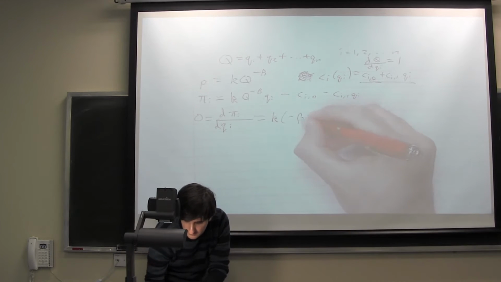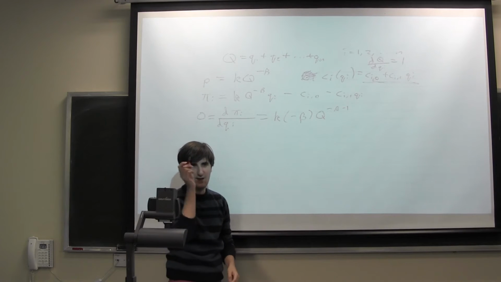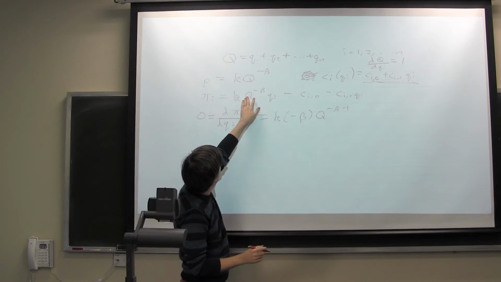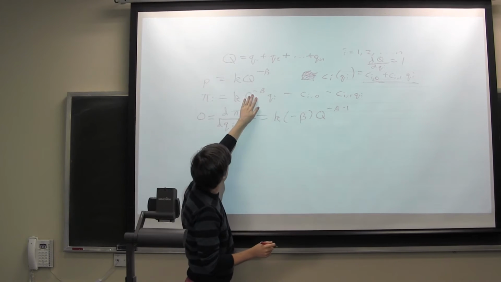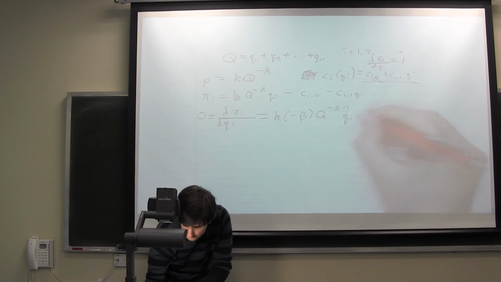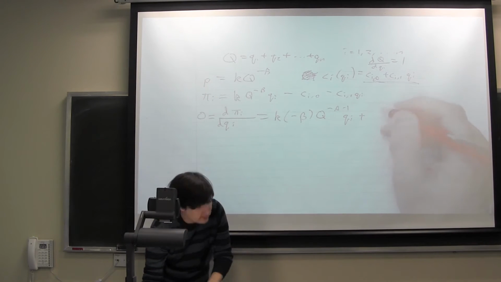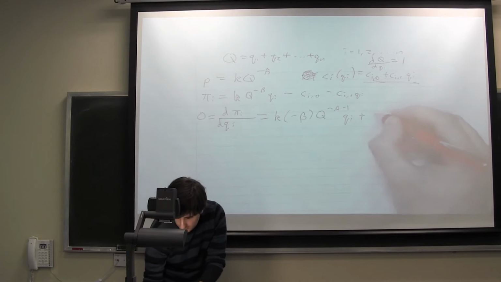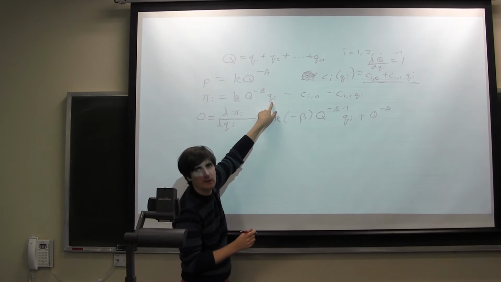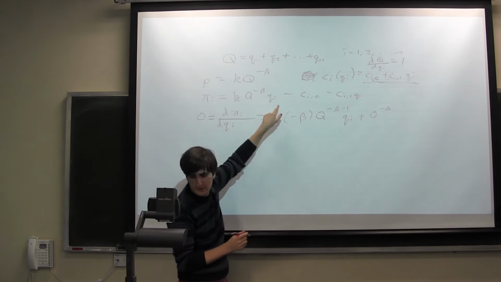So that's just going to be minus beta Q to the minus beta minus 1. So x to the n goes to n x to the n minus 1. Remember when we're doing products, we do derivative of the first thing times the second thing, plus the first thing, Q to the minus beta, times the derivative of the second thing. Derivative of this is just 1.